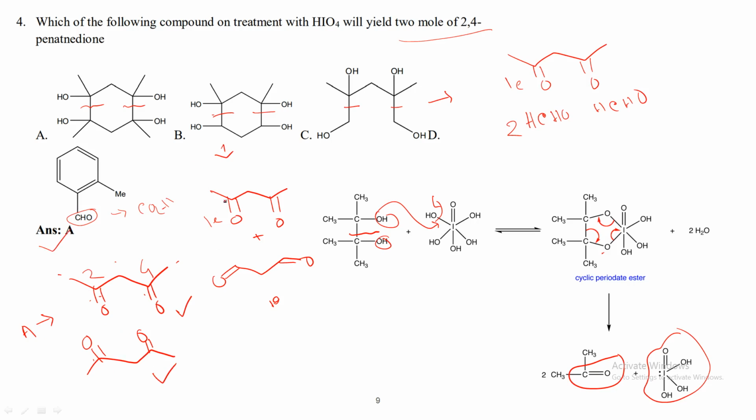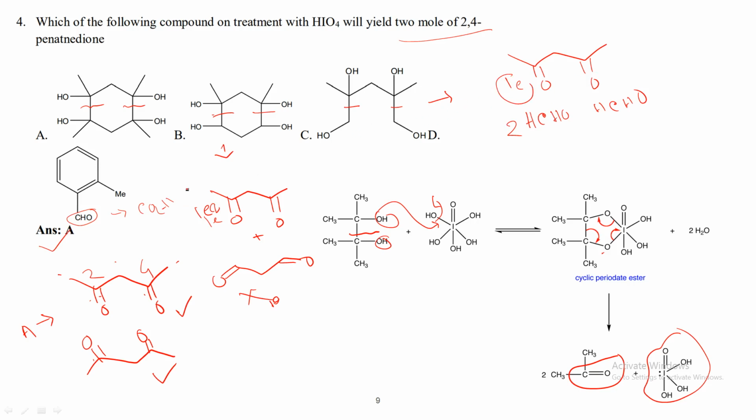And for B, we are generating one equivalent of this 2,4 pentadiol, and one equivalent of this dialdehyde. So this is not wrong, and this is also two equivalents of formaldehyde are generated, and one equivalent of pentadiol is generated.